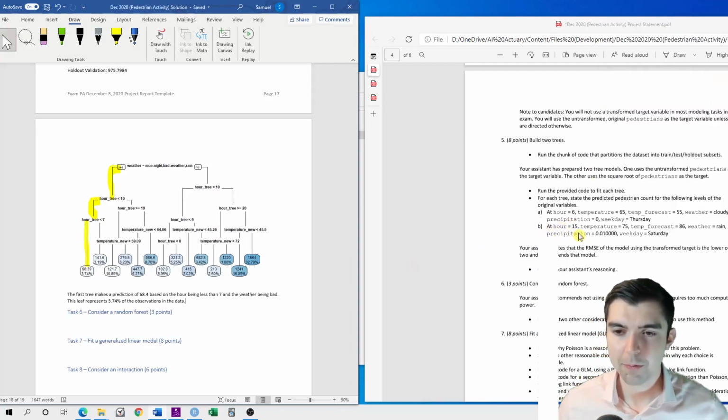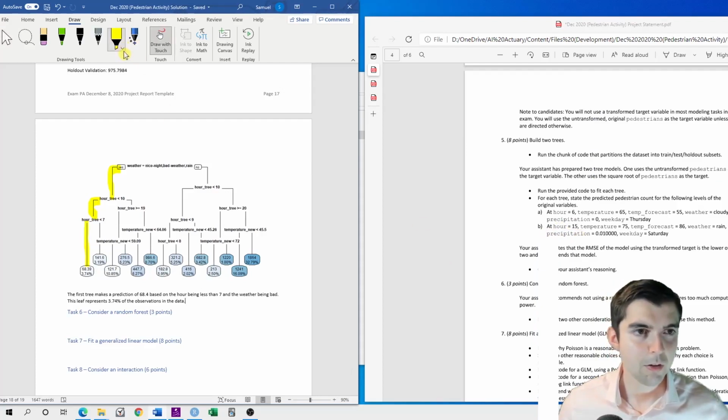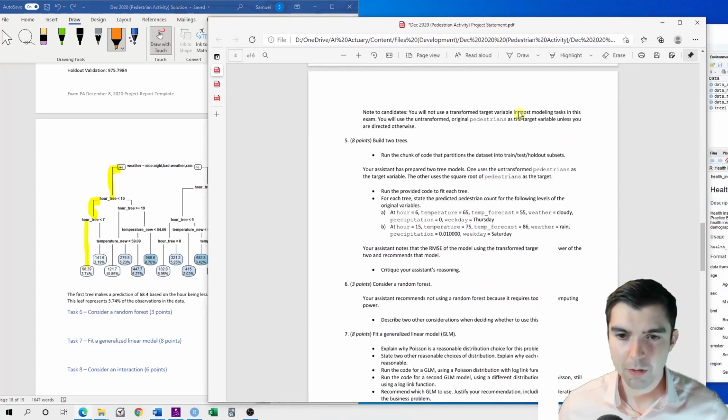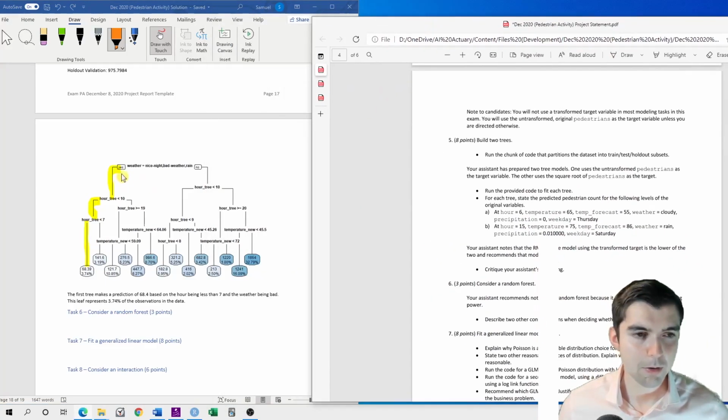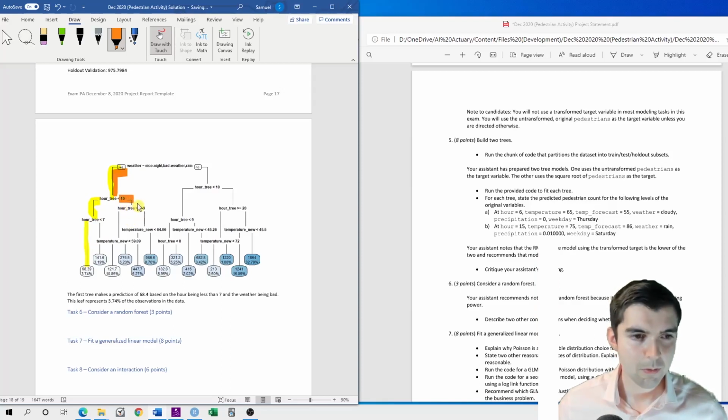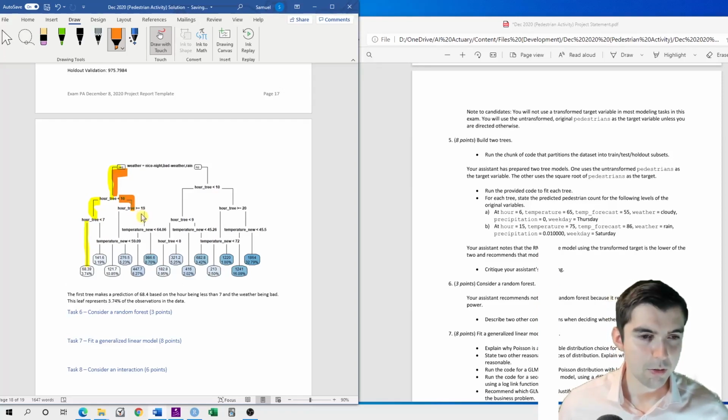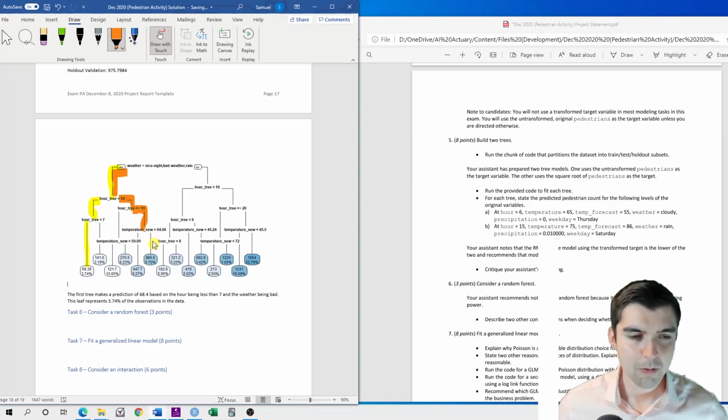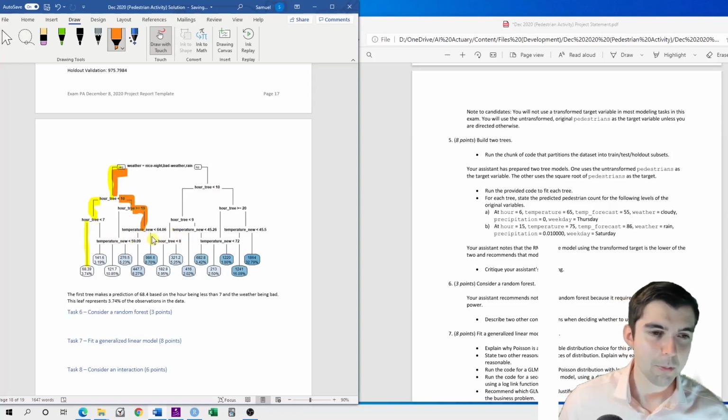And then this other one at hour 15, temperature 5, weather rain. So this will also be bad weather, but now our hour is greater than 10. And it's 15, so it's asking, is our hour greater than or equal to 19? If yes, go left. If no, go right. So go right, and then temperature, remember we're using temperature forecast, so this is 64. Their temp forecast is 86. If it's less than 64, you go left, but this is greater than, so I go right.